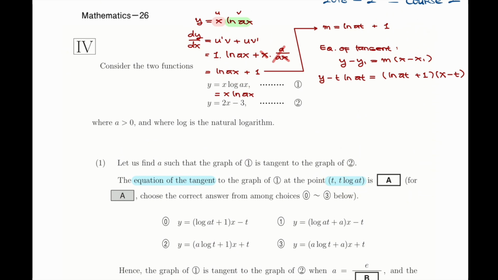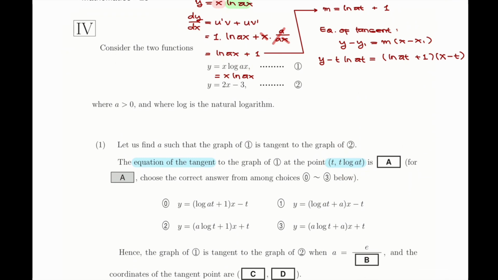By simplifying this equation, I think we will obtain a. y minus t ln at equals this bracket times x, so I get ln at plus 1 times x, minus this bracket times t, which is t ln at minus t.